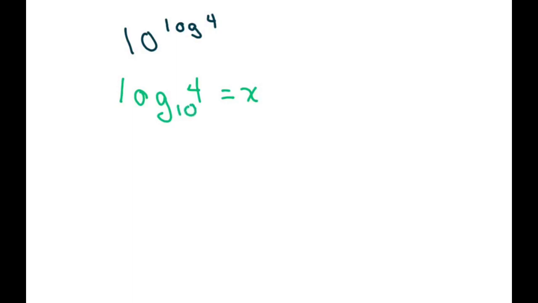Remember, there's not a base, so it'd be base 10. So I rewrote it. So we basically have 10 to the x equals 4. So 10 to the log base 10 of 4 equals 4, because they're inverses, right?